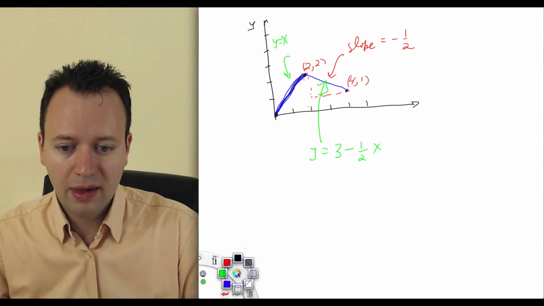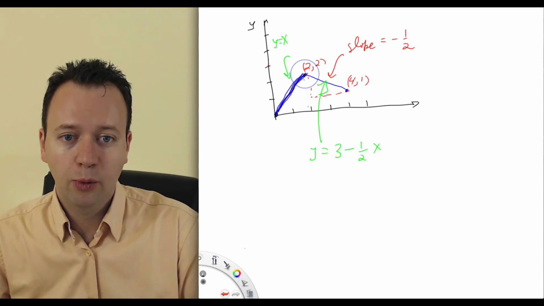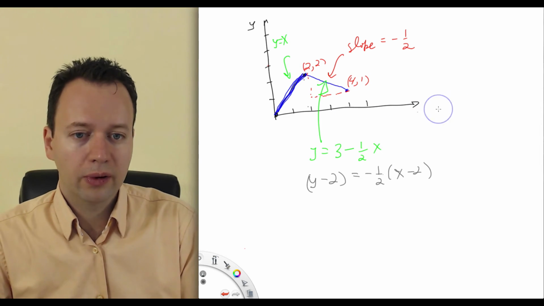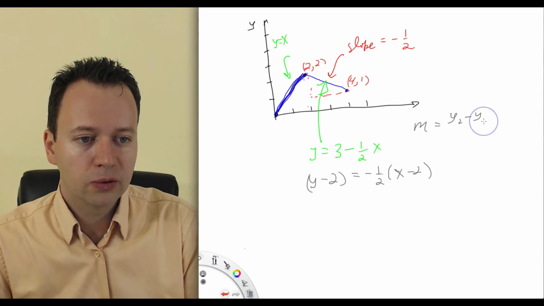Right? Now, if you did the point slope, okay, you can use the point 2, 2. So you can say, well, y minus 2 is equal to minus 1/2 times x minus 2. Right? So you get the slope, and of course you can also calculate the slope by just saying y2 minus y1 over x2 minus x1.